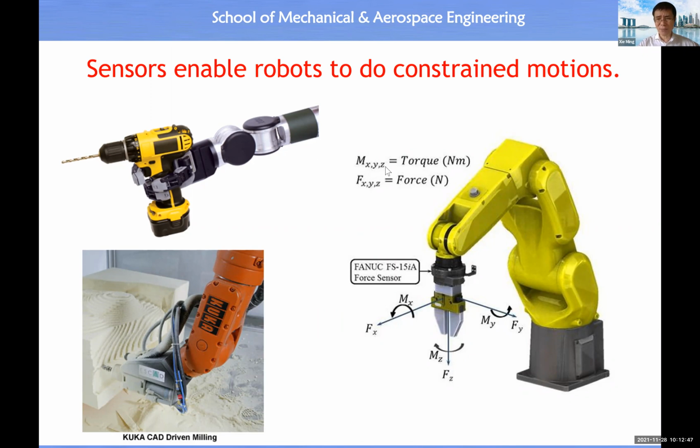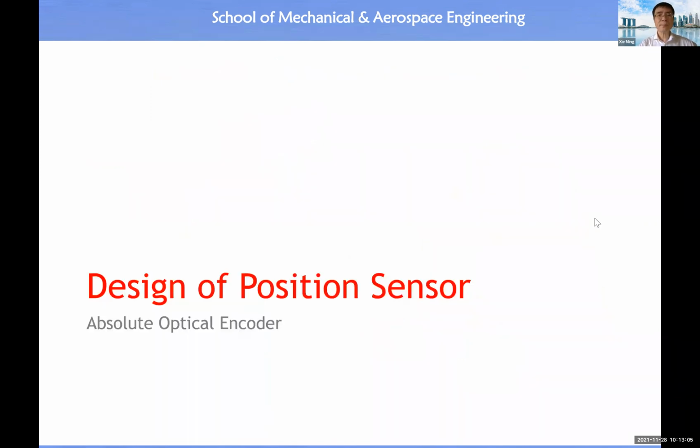We can put them together, then we have an interaction vector which consists of 6 elements, right? Obviously we want to measure the actual interaction vector between the robot's hand and the environment.